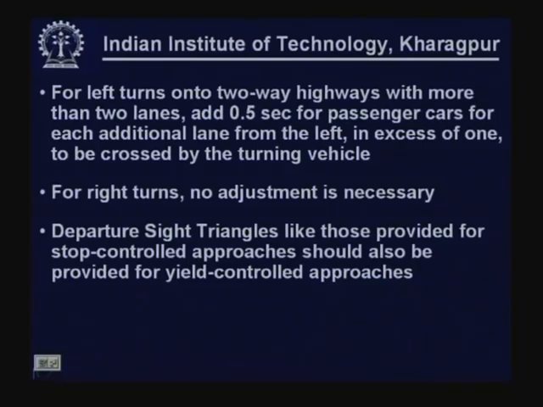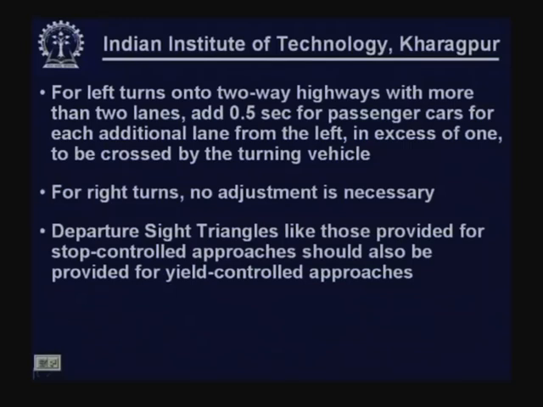So, if a wider highway is considered for left turns, then corrections should be applied depending on the design vehicle and the number of lanes in excess of 1 that are to be crossed by the turning vehicle. That value is 0.5 second for passenger cars, and a different value is suggested for other design vehicles. For right turns, of course, no such adjustment is necessary.